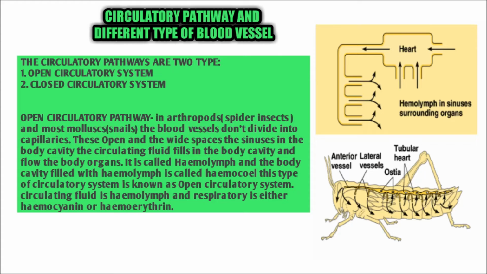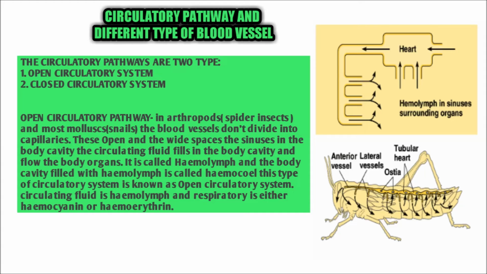In arthropods and insects and most of the molluscs, their blood vessels are not divided into capillaries. Is it clear? In the diagram I have drawn, the heart, and from the heart the circulatory fluid enters in different ways, but it just flows and spreads through the body without any capillaries.